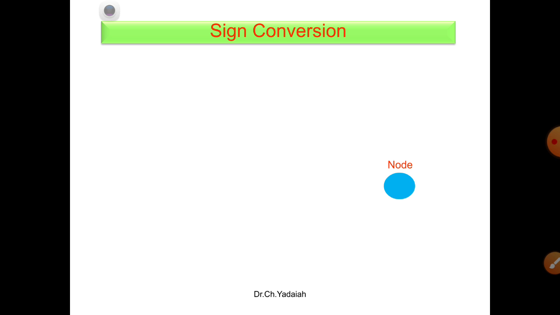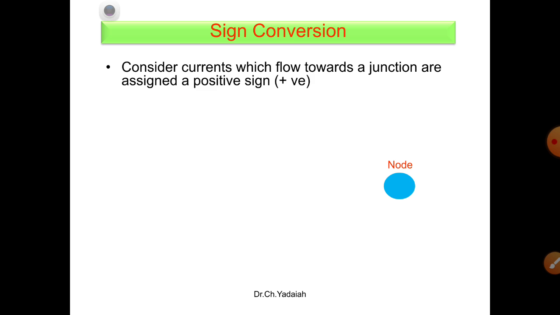Now, sign convention. What is the sign convention? Think of our money purse. If money is coming toward our pocket, it is positive, and leaving from our pocket is negative.